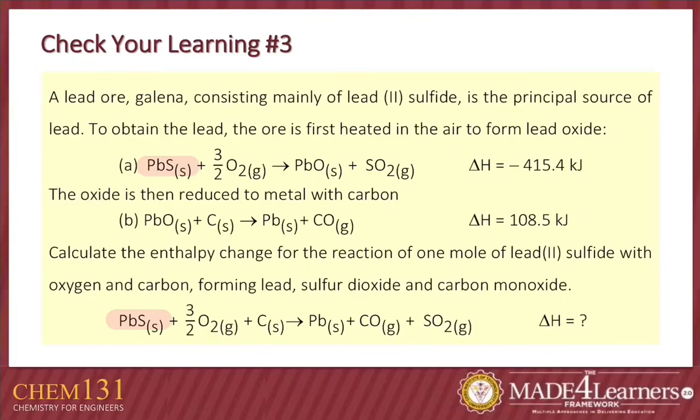And then, we have carbon also on the reactant side of equation B. And then, on the product side, we have lead in equation B, which is on the products side. Carbon monoxide is on the product side as well. And sulfur dioxide is on the product side as well. And we also have oxygen on the reactant side. Okay, so they are in the same position.